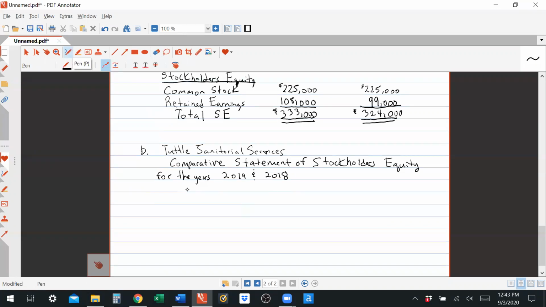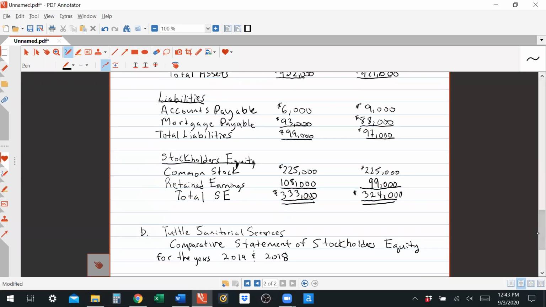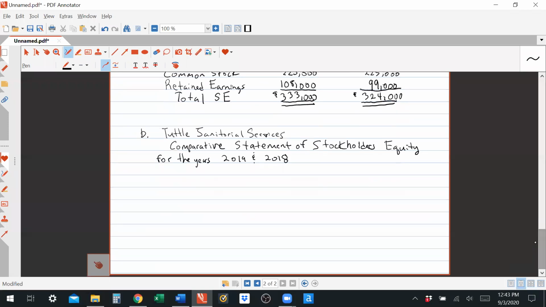All right. Statement of stockholders' equity. We're trying to explain the change in stockholders' equity. So there's two parts of stockholders' equity. There's common stock and there's retained earnings. So we need our beginning balance in common stock.